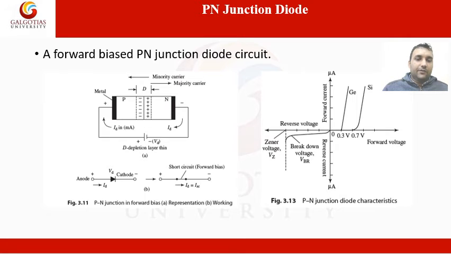This is our power source, that is, the voltage difference applied across this system. Here is the representation, that is, the anode moves toward the cathode, and there is a short circuit, that is forward bias, that is positive moves towards the negative. And these are the PN junction diode characteristics, shown in this diagram.